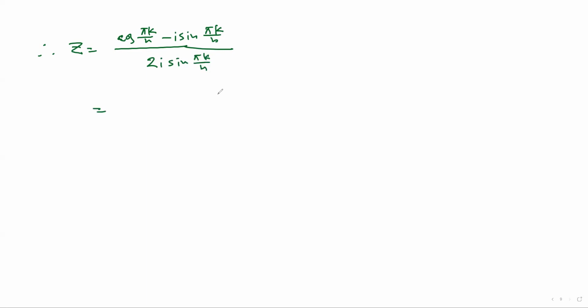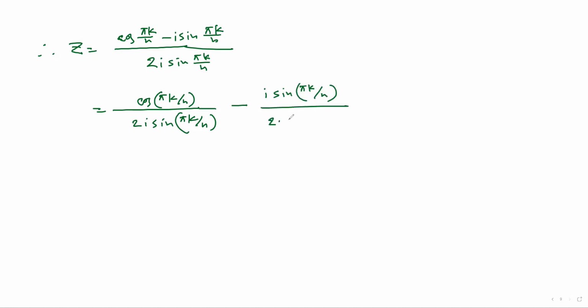So if you do the division, you get cos pi k by n by 2I sine pi k by n, minus I sine pi k by n divided by 2I sine pi k by n.